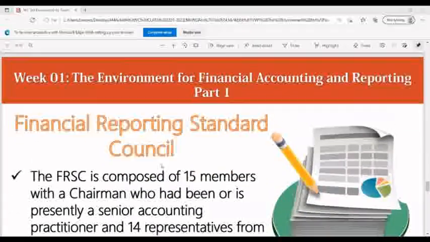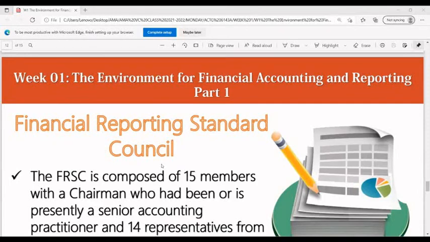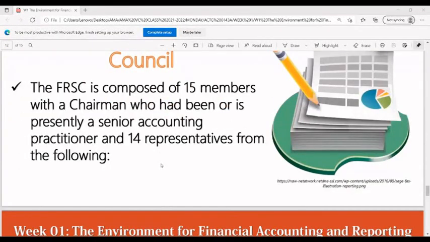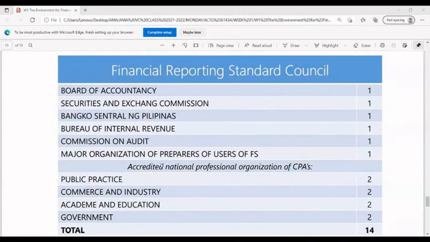And also the Financial Reporting Standards Council, the FRSC, is composed of 15 members, with a chairman who has been or is presently a senior accounting practitioner, and 14 representatives from the following: the Board of Accountancy, one representative; Securities and Exchange Commission, one; Bangko Sentral ng Pilipinas, one; Bureau of Internal Revenue, one; Commission on Audit, one; major organizations of preparers and users of financial statements, one; accredited national professional organizations of CPAs for public practice, two; commerce and industry, two; academia and education, two; and government, two.